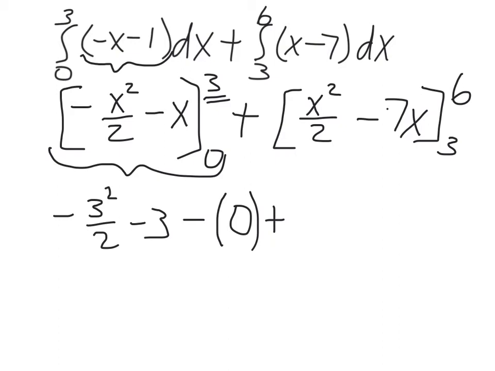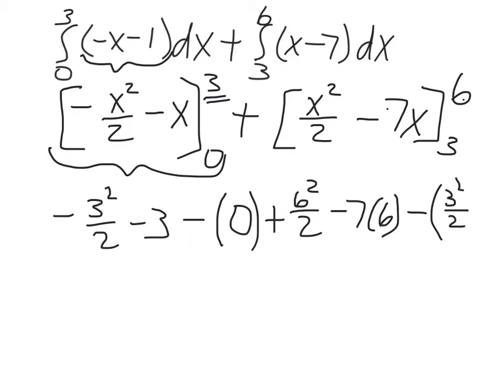And then the last piece, well, this time we start with 6. And then this time we will have something to subtract. Plug 3 in. And as usual, run out of room. I think these are easy enough calculations. You can see what it should be, even if you can't read what I write.